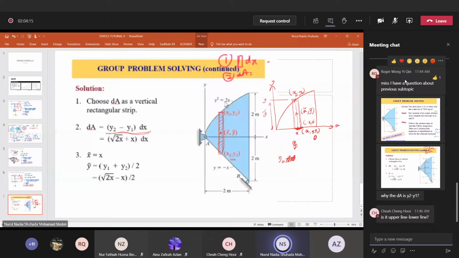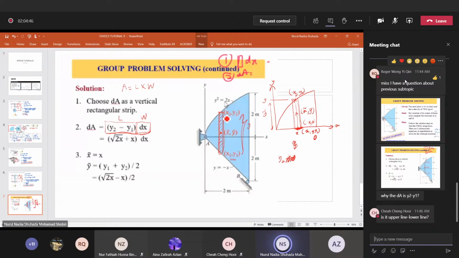So in the calculation of dA, y2 minus y1 is basically to find the length here. To find area, it is length times width, right? So y2 minus y1 is the length, dx is the width.